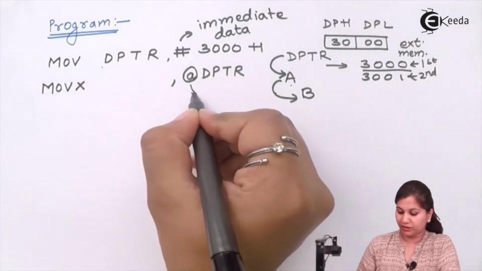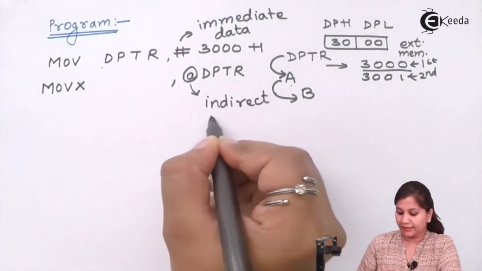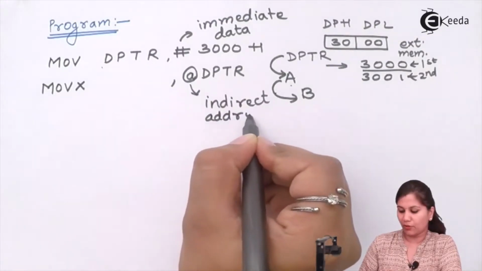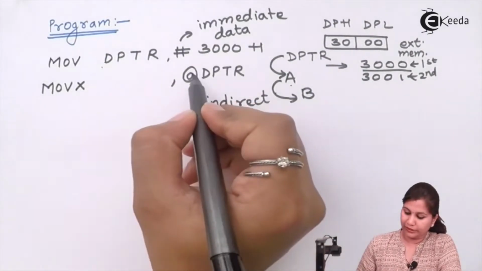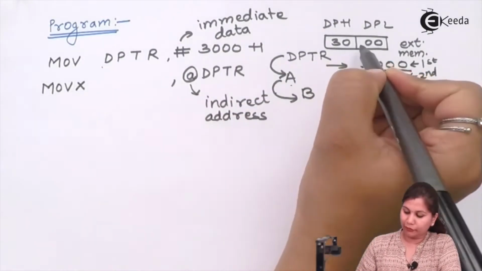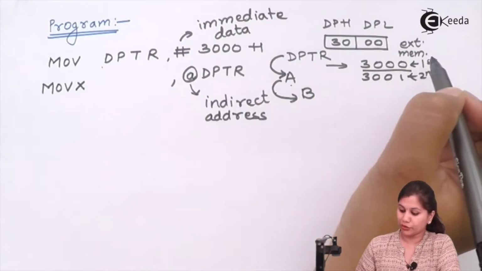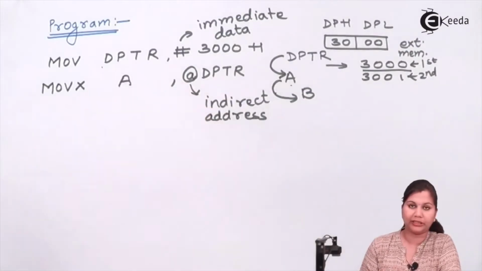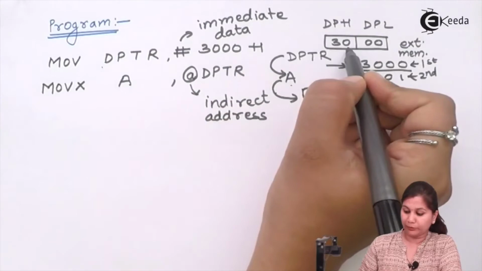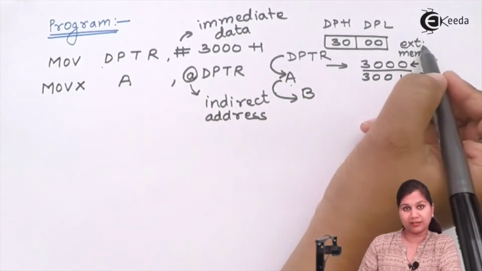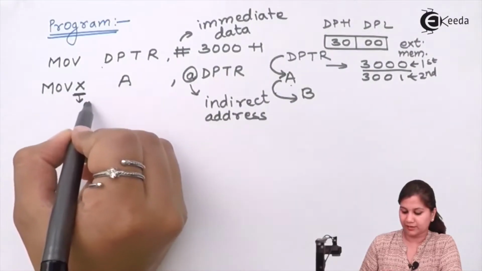So we are using indirect addressing here. Indirectly we are providing the address of the data. The address is there in DPTR, you have to pick that address, and at that address we have the data, so you have to shift that data into the accumulator. Now because the DPTR is pointing to a memory location which is in the external memory, here we are using this X for the external memory.